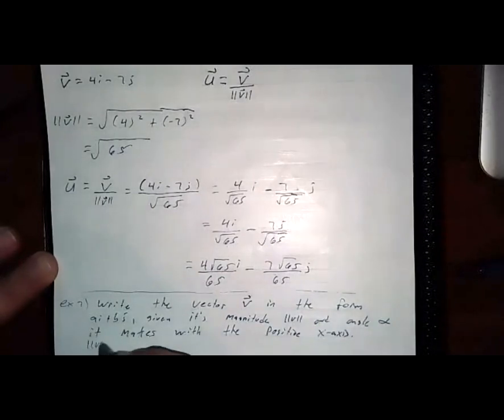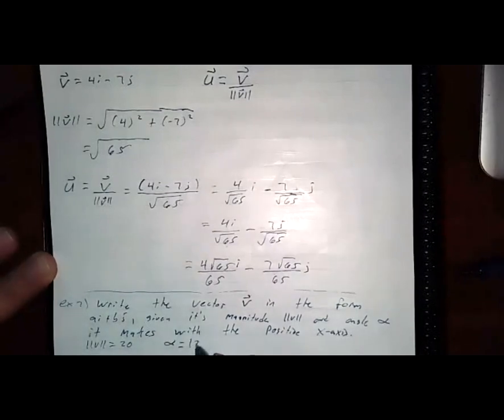So the magnitude of v is equal to 20. Alpha is equal to 120 degrees.